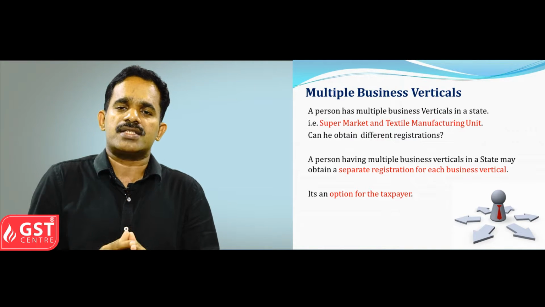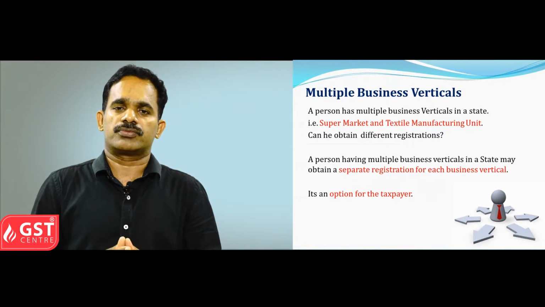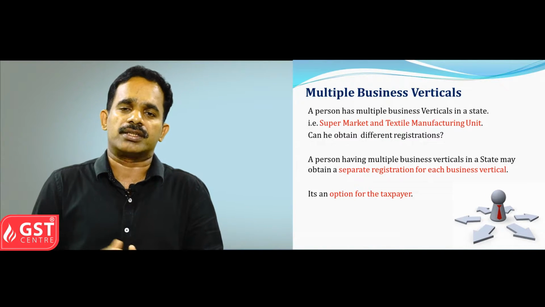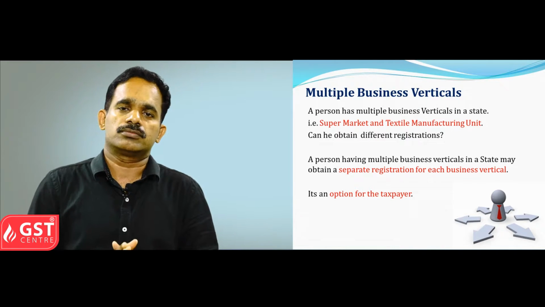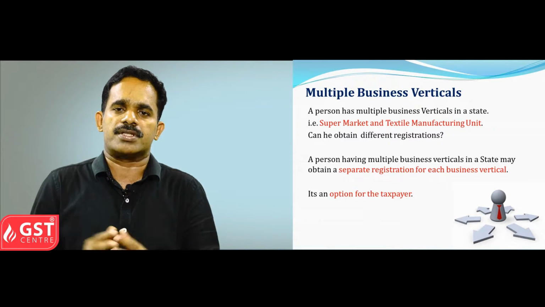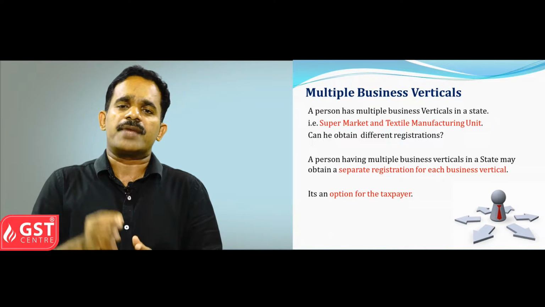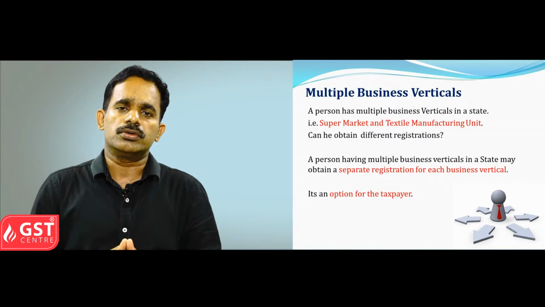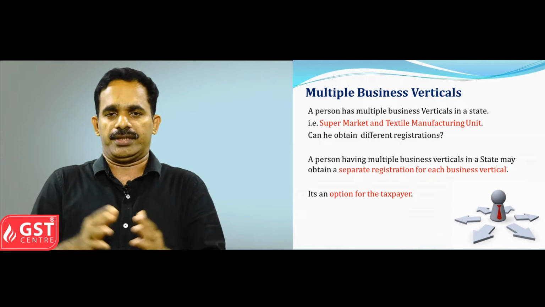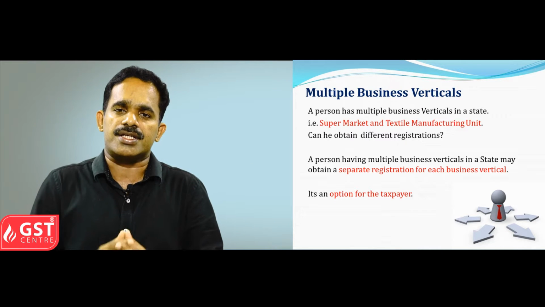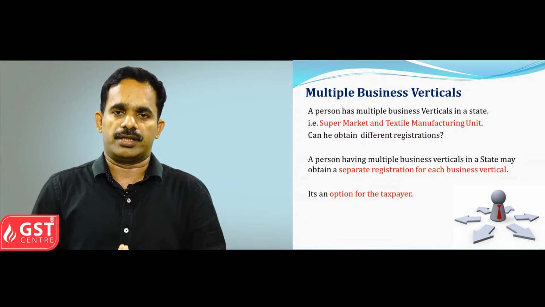If a person has multiple verticals of business, say for example one supermarket and another textile manufacturing unit, both are in different businesses, so that is called verticals. Whether that person needs to take separate registration for each vertical, the answer is he can do so.